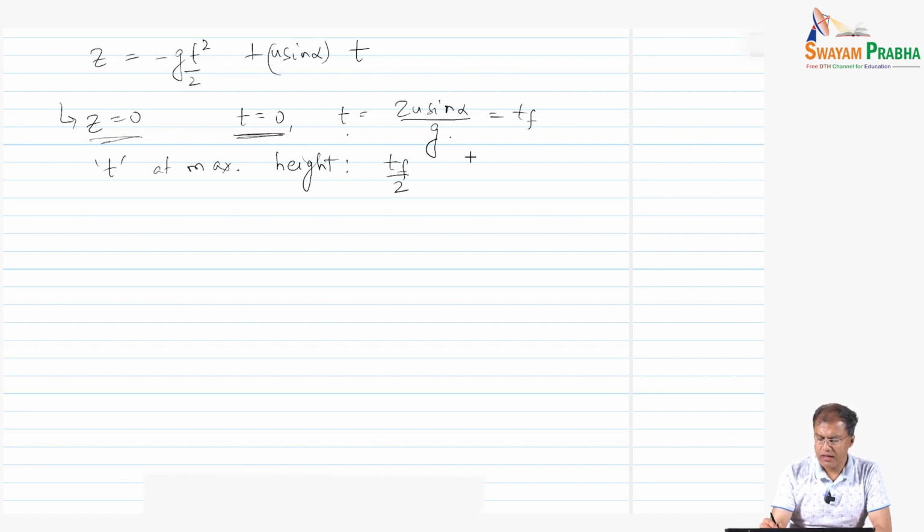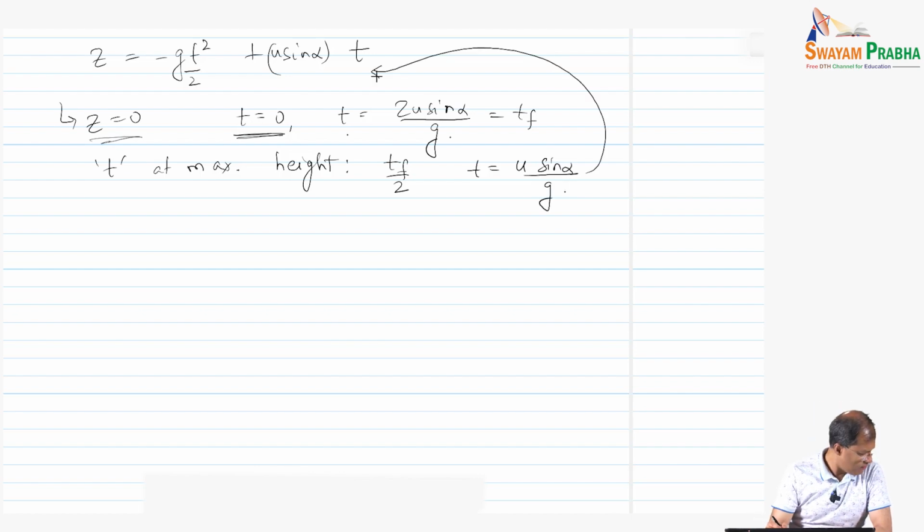And we see that the time for reaching the maximum height is u sin alpha by g, and that is what we plug in this z coordinate, and we are going to get our maximum height. So that's 1, that is 2, so we get the maximum height.